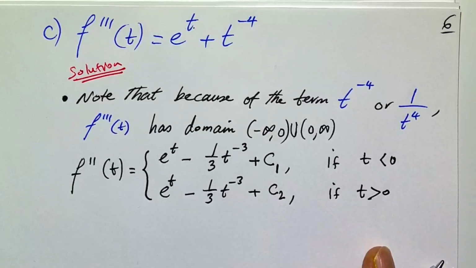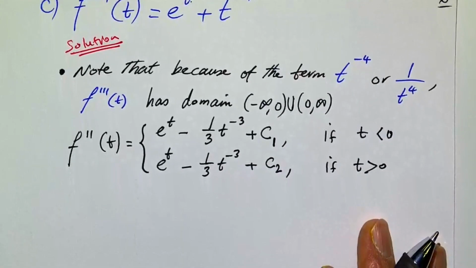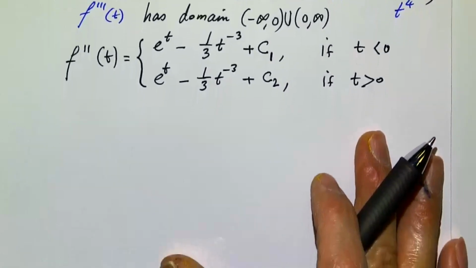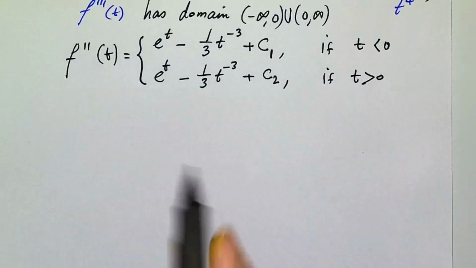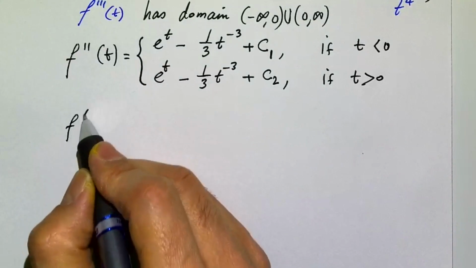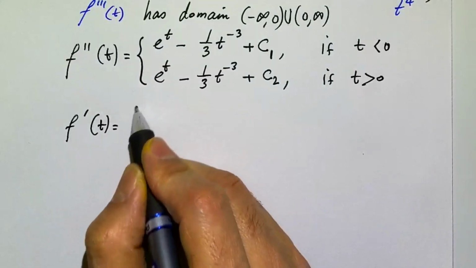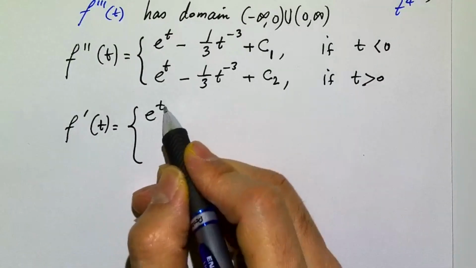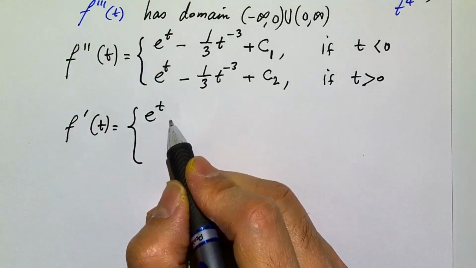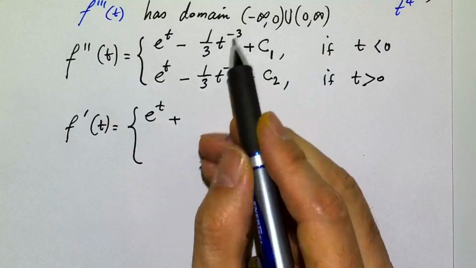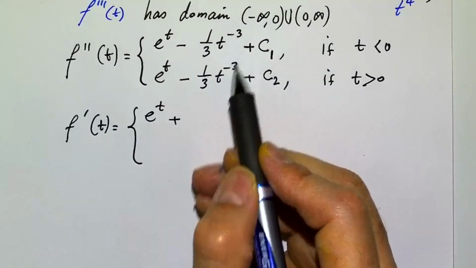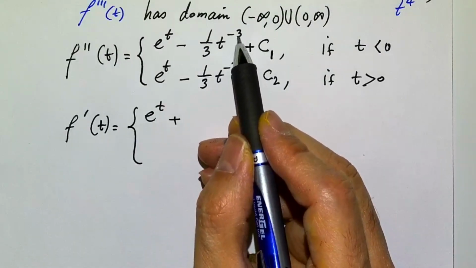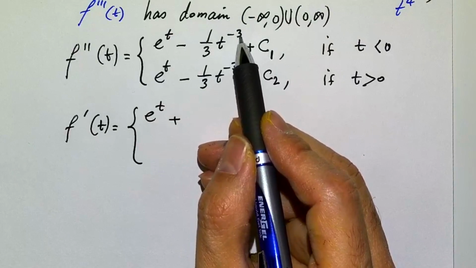That's all. Okay. Then let's find the next antiderivative for this, which would be f prime t. Then it would be, again, for the first term, e to the t, and then plus, so add 1 to this, you get -2.